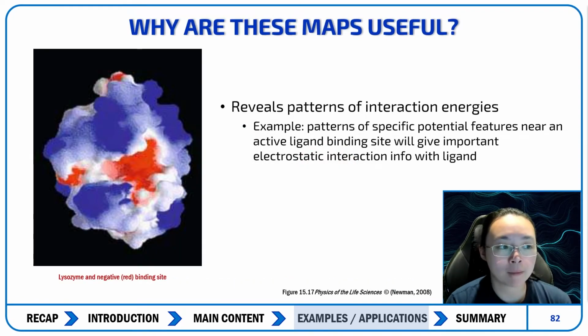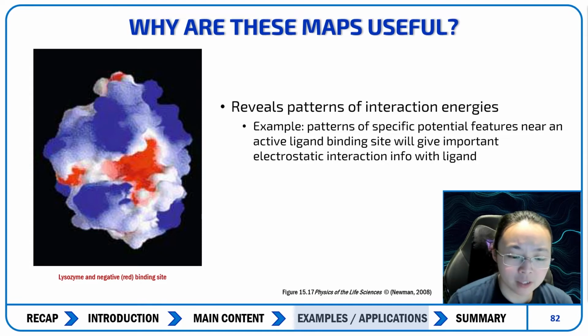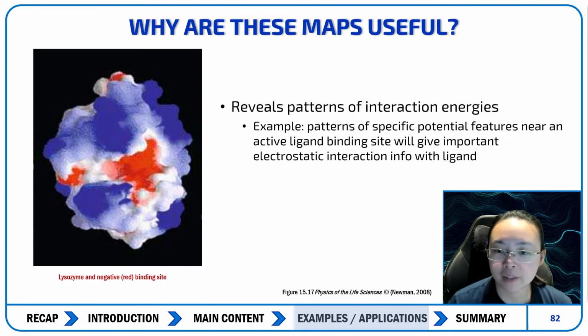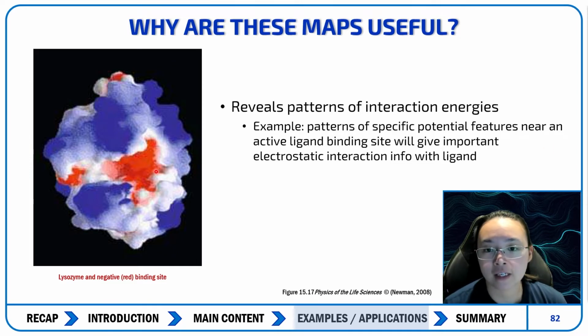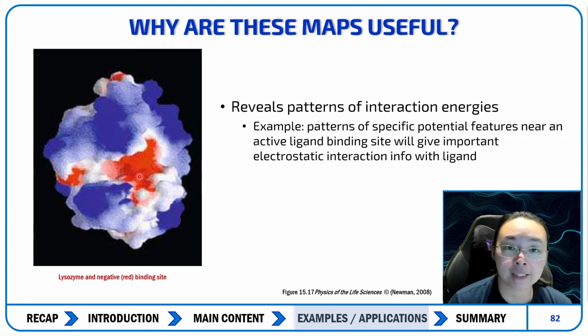So why are these maps useful? And where can we apply electrostatic potential maps in real life? One good example is applying them so that you can take a look at the electrostatic interaction energies for specific molecules and proteins. For example, in this picture here, you have the red area representing areas of active binding.